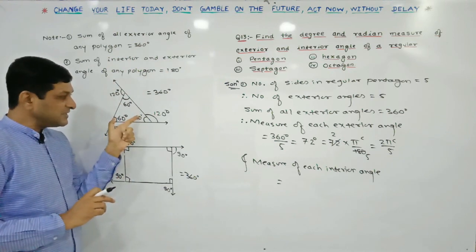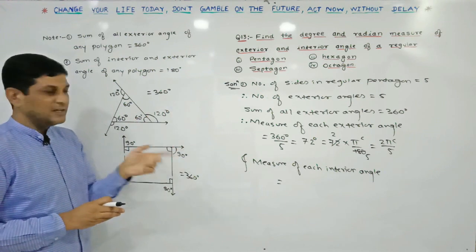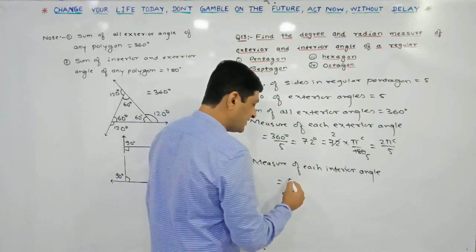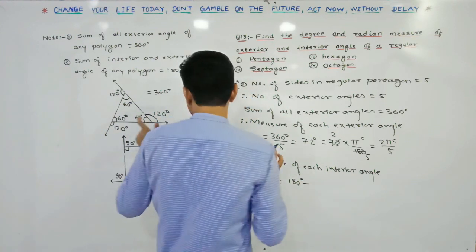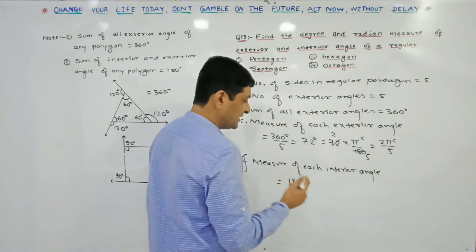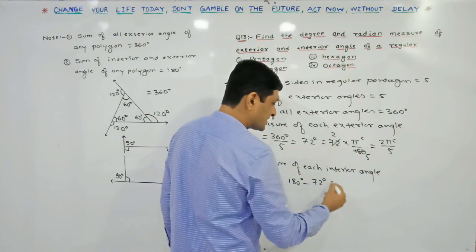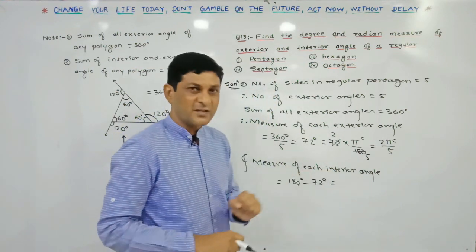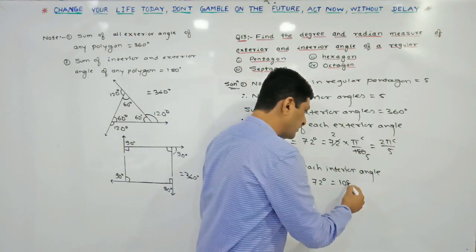So to find the interior angle, subtract the exterior angle from 180, because the sum of the interior and exterior angle is 180. So we are subtracting this exterior angle 72 degrees from 180 to find the measure of the interior angle. The difference will be equal to 108 degrees.